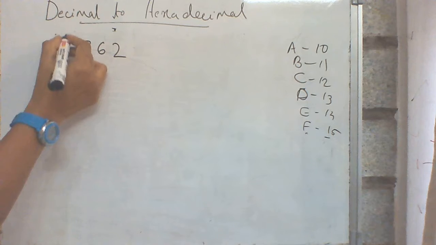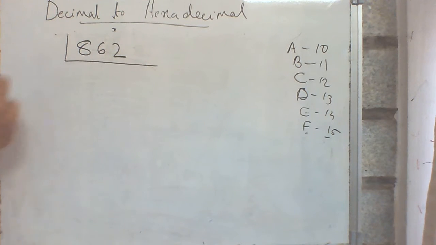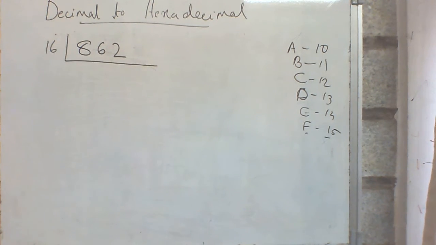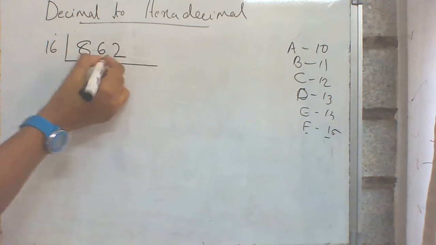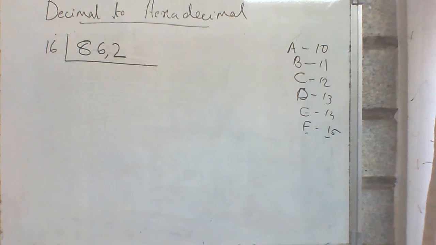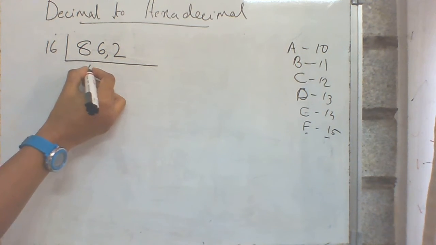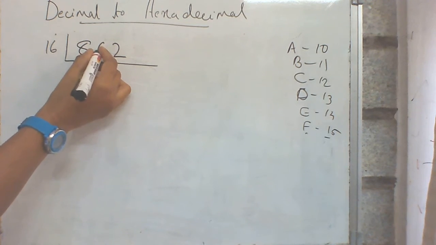Decimal number 862 needs to be converted to a hexadecimal number. For that, we need to divide the number by 16. In 86, how many 16s are there? 16 fives are 80. Then remainder 6.